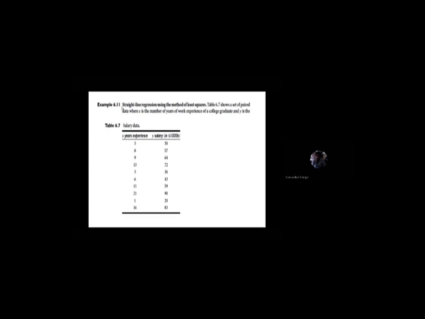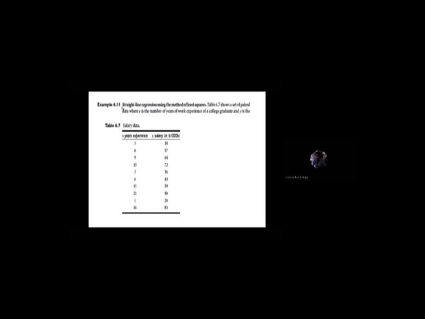X is a variable that denotes the years of experience, and Y is a variable that denotes a person's income in dollars. So a person with 3 years of experience draws a salary of $30,000 per year, and a person with 8 years of experience draws a salary of $57,000 per year.